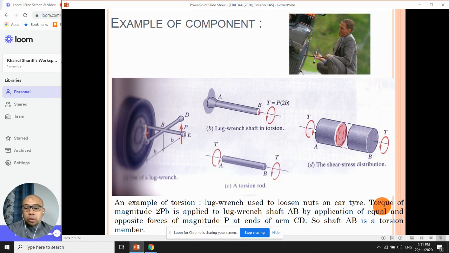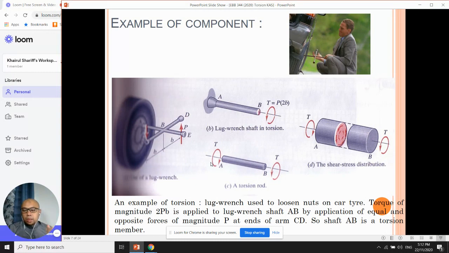The most important tools when you change the tire: you have the jack. Jack means that you need to support your car body, and then you need to jack. Before you remove the tire, you should apply the lug wrench, something like a T-shaped wrench, and then you put it on the tire and rotate the wrench.